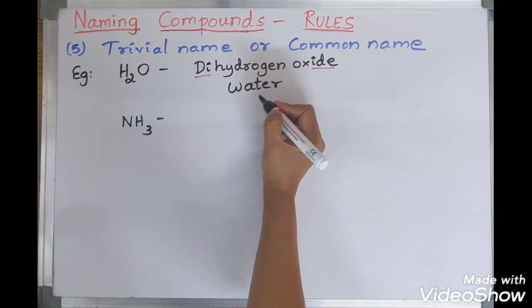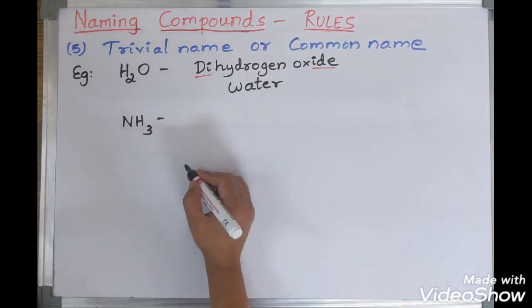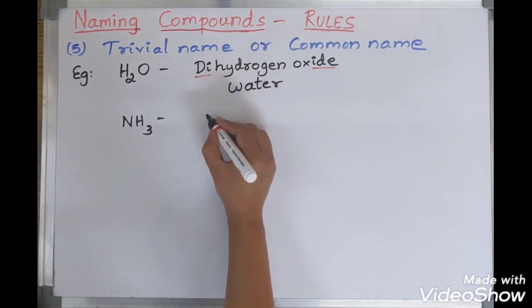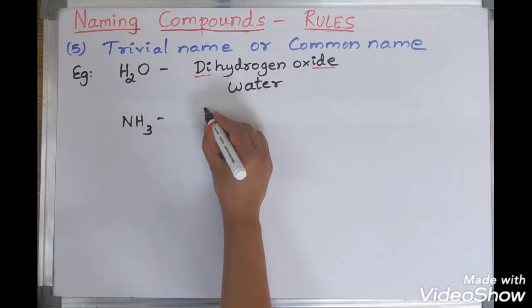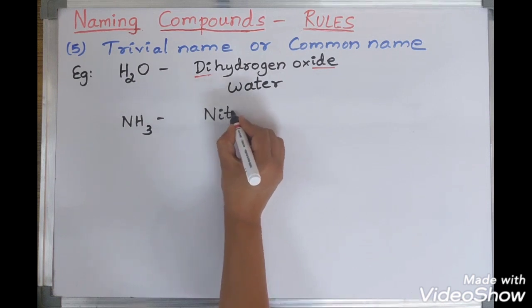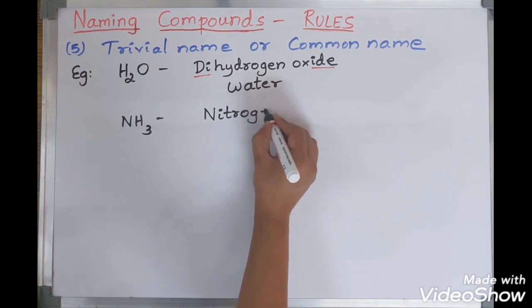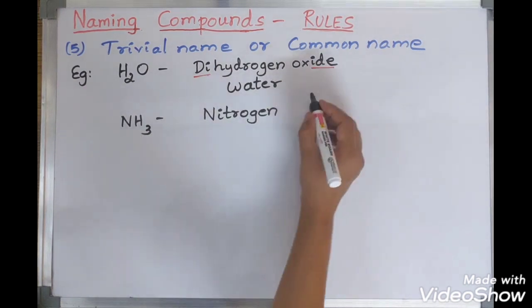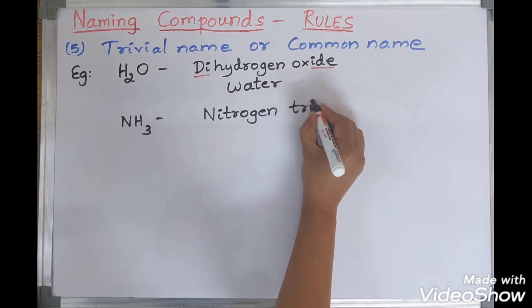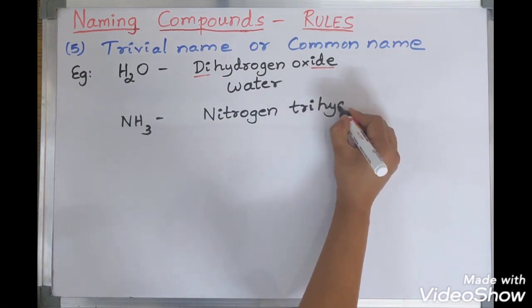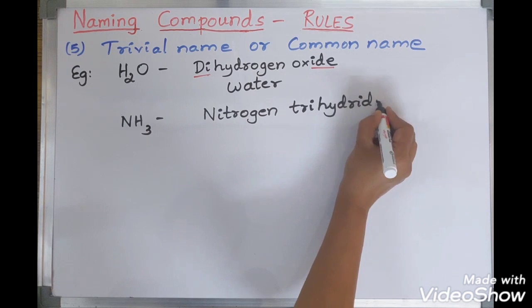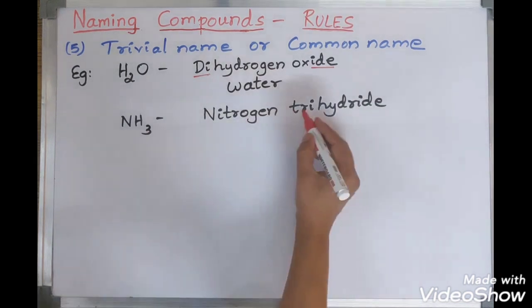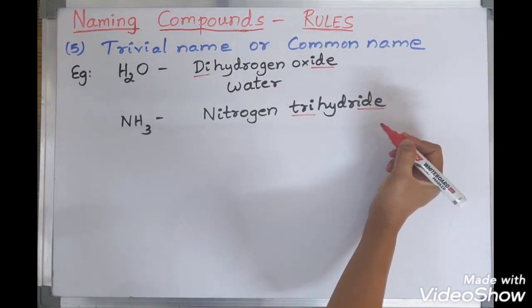Similarly, NH3. According to the chemical name, it has to be nitrogen trihydride. We have two non-metals, nitrogen, and we have 3 atoms of hydrogen, so we have the prefix tri and the suffix ide.